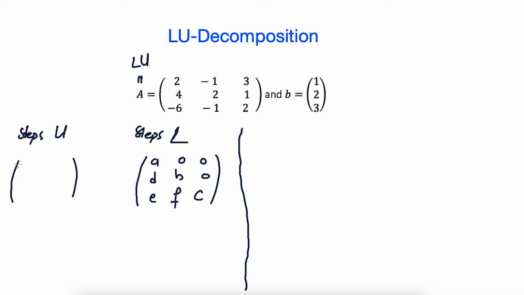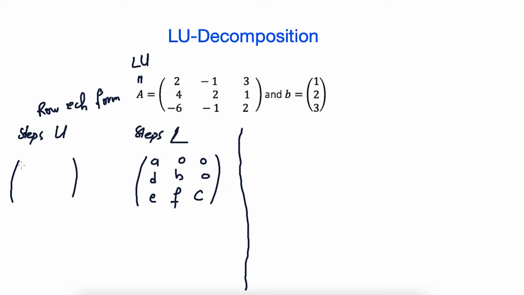So here we want to get ones here, so this U will be just the row echelon form of the matrix A, and we will try to get ones here and zeros here under, or below, the main diagonal and any values here.